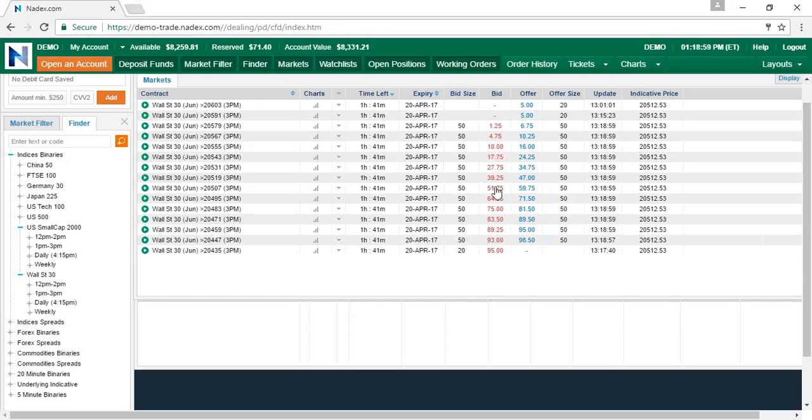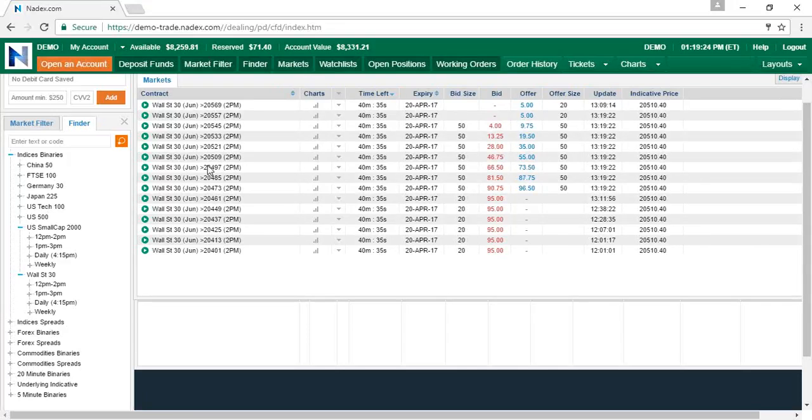So what I'm talking about here is when you've still got a decent amount of time till expiration. Right here on the 3 p.m.s, we've got 1 hour and 40 minutes. On the 2 p.m.s, we've still got 40 minutes. Now, this is not something you want to utilize when you only have 5 or 10 minutes left. But let's just look at this example.